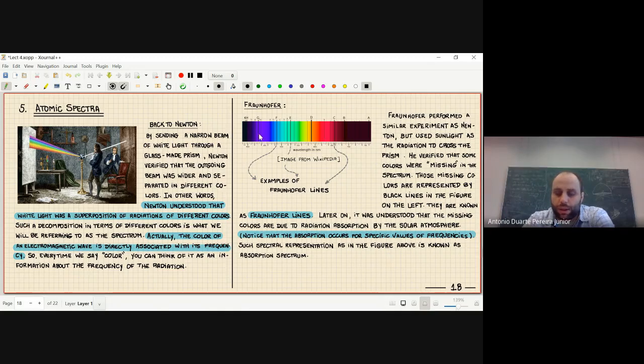So you see that here I'm showing you all the frequencies that are emitted by the sun, except those that are absorbed by the solar atmosphere. So this is an absorption spectrum. Okay? So this is a very important concept.